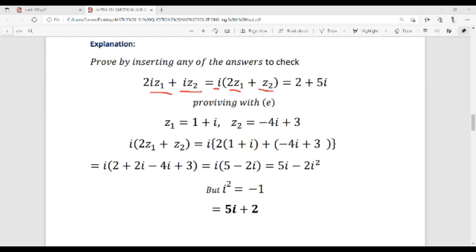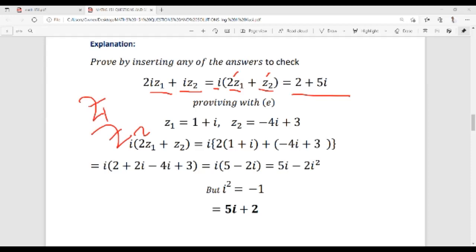All you have to do is insert some of the options here, multiply Z1 by 2, add the other one, and see if that gives you this. That is a quick way of answering that.